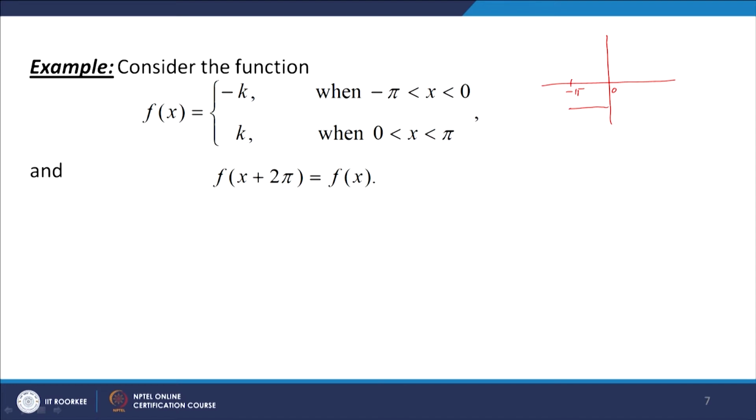So, we draw the graph like this, and from 0 to pi it is k. Then it is extended by 2 pi periodicity, like this.